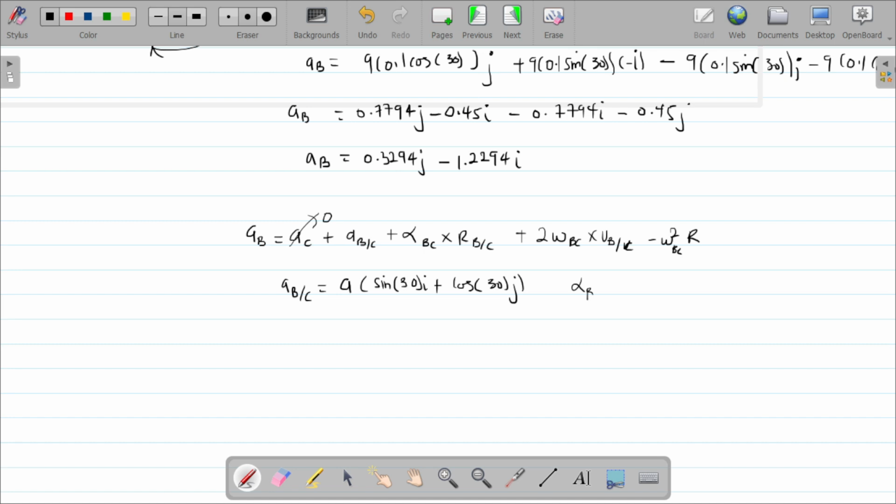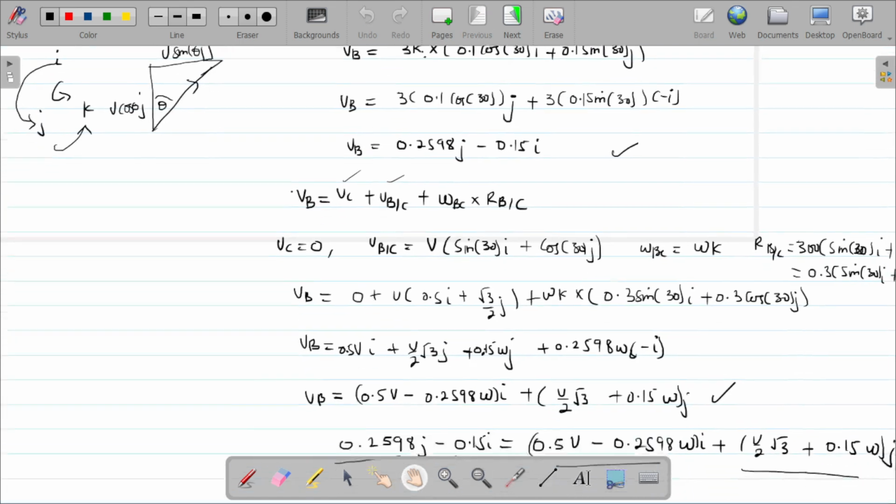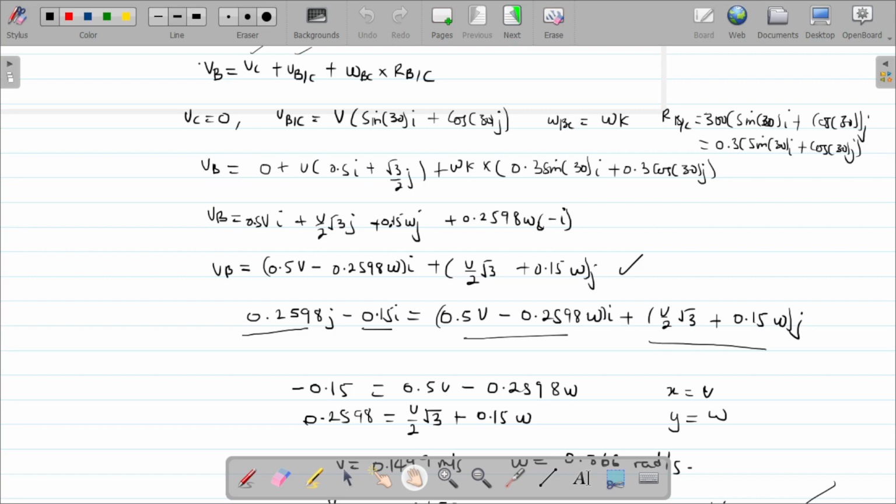What else? Alpha BC, we don't know that, right? But we know it's going to be alpha k, because it's also going to rotate about the z-axis. The r of B with respect to C, that's what we had. Just as we did for the velocity, where is that?